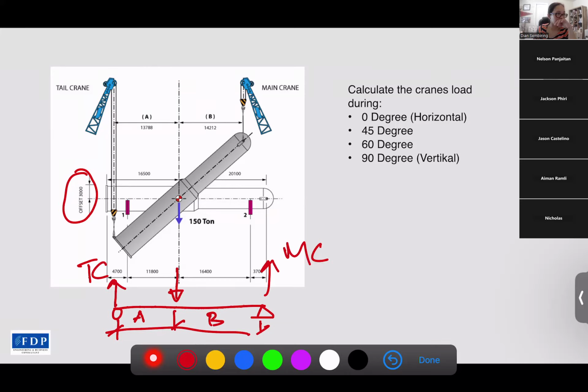For B, we only use this 20.1 meters distance. It depends on the angle, of course.